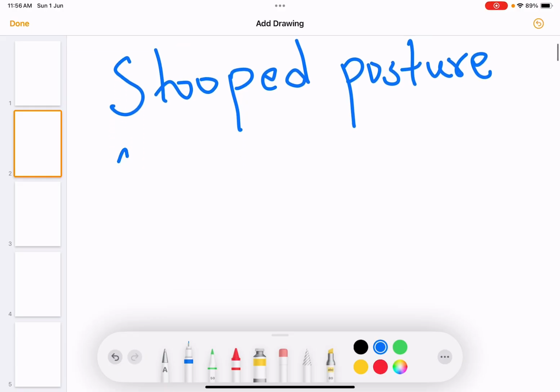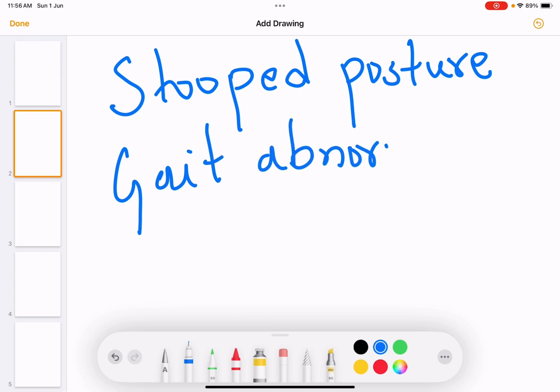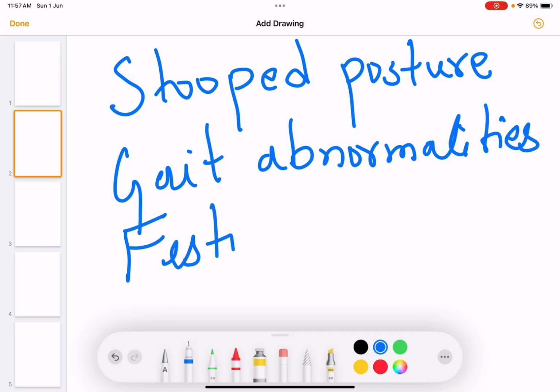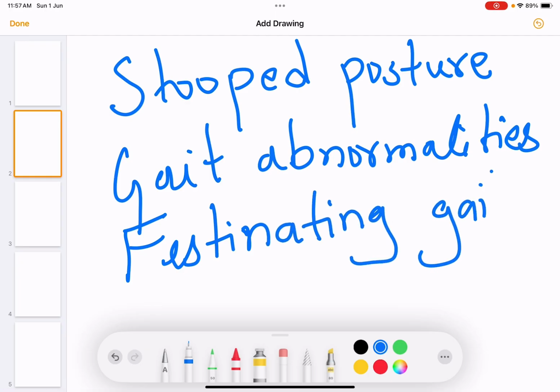Then there are gait abnormalities. It is typically called festinating gait, which are rapid small steps.